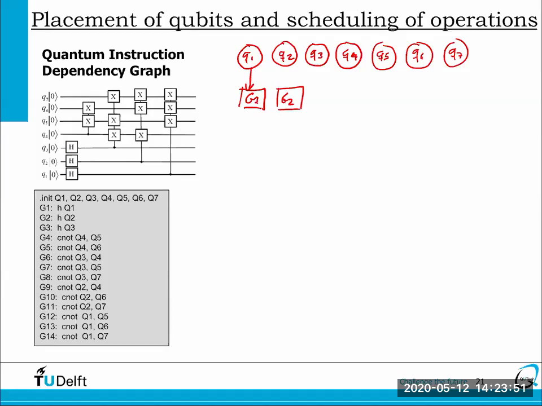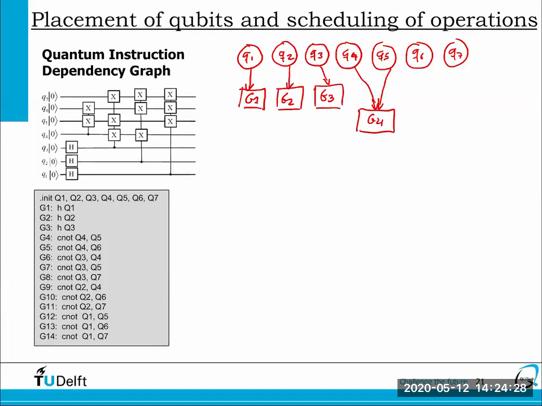I cannot do a Hadamard on Q2 before initializing the qubit, right? So that's why there is an arrow from Q2 to G2. And in a similar way, G3, an arrow from Q3 to G3. The next one is G4, that is a CNOT between Q4 and Q5, right? For Q4 and Q5 there are no operations before, just initialization. So that means that this operation depends on those.